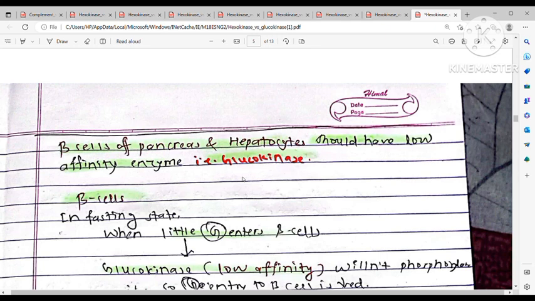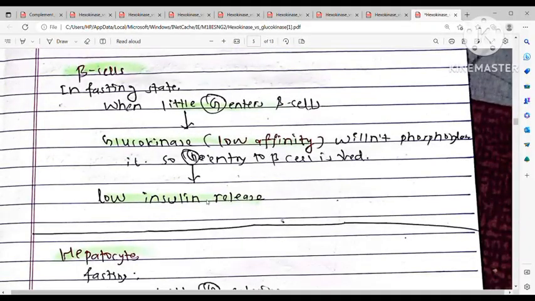the cells. Beta cells of the pancreas and hepatocytes, that is liver cells, should have the low affinity enzyme, that is glucokinase. Why? In the fasting state, when little glucose enters the beta cell, glucokinase has low affinity so it doesn't convert glucose to glucose 6-phosphate, so there is no decrease in glucose concentration inside the beta cell, so there is no further entry of glucose.